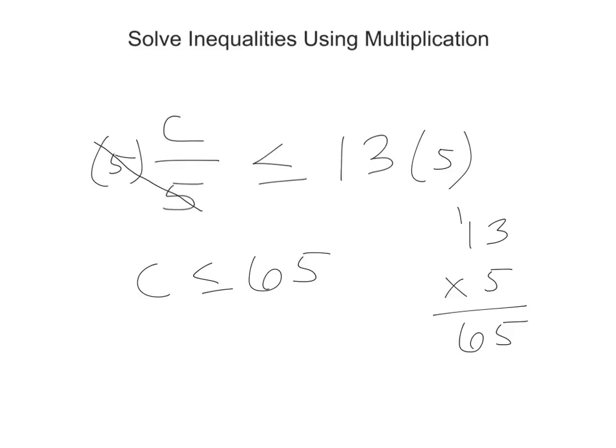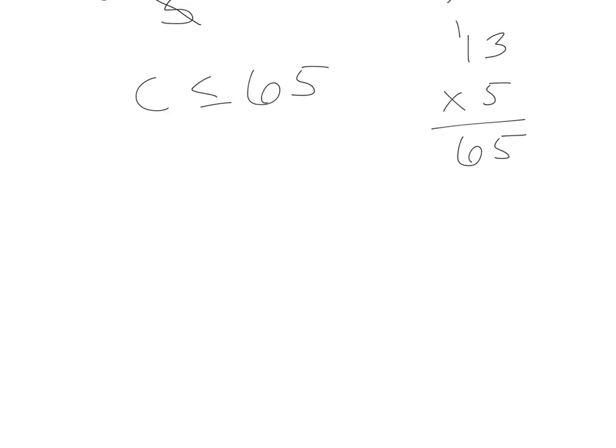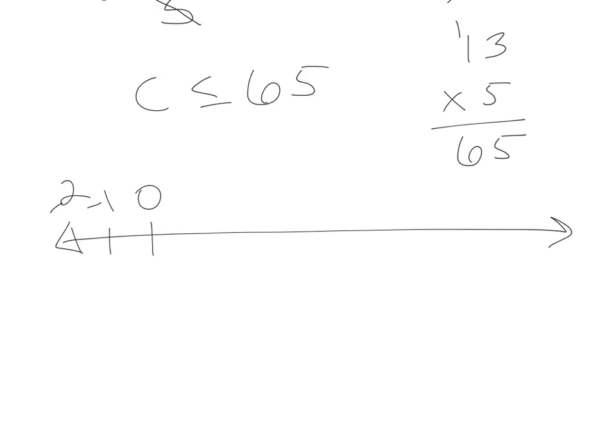So now we've solved this inequality, but you're going to need to graph it. So like we did on yesterday's assignment, go ahead and give me a 0 and a -1. And then you can come up here and say 63, 64, 65.